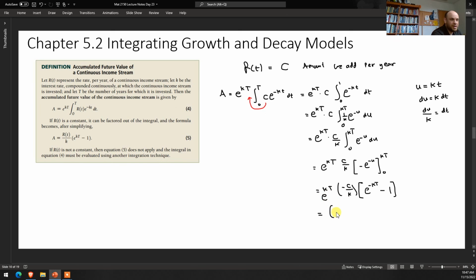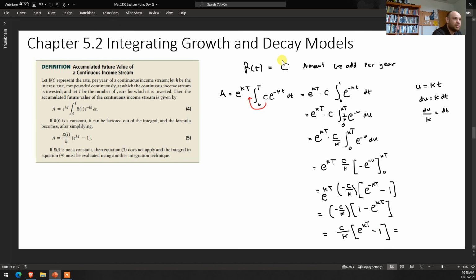Let's do this multiplication first. Minus c over k. E to the kt times e to the minus kt gives us 1. E to the kt times 1 gives us e to the kt. Now we can push this minus inside, and we get c divided by k times e to the kt. Now this is the positive term. We put this minus inside, and then we'll have a negative 1.